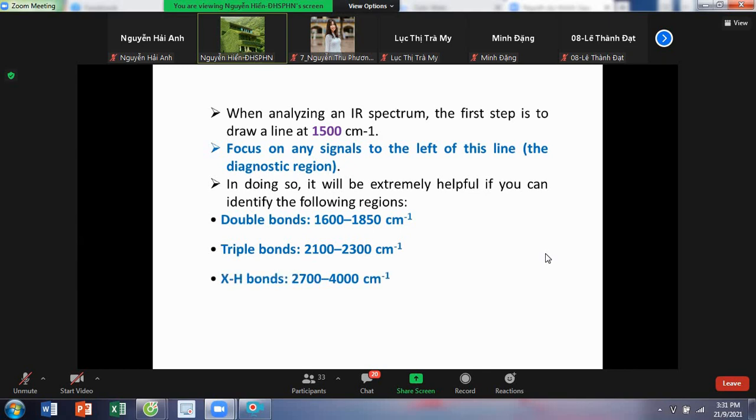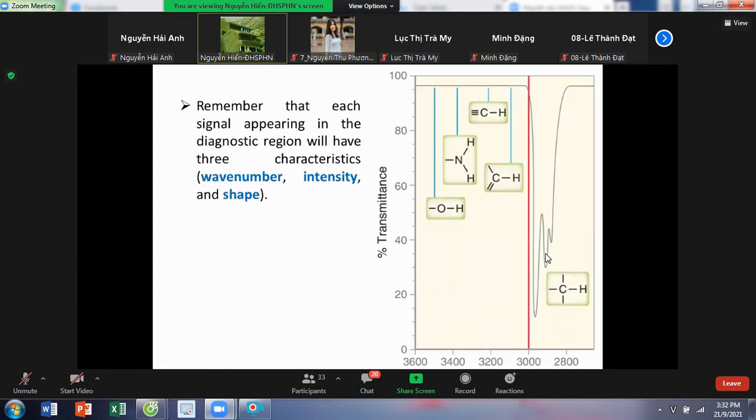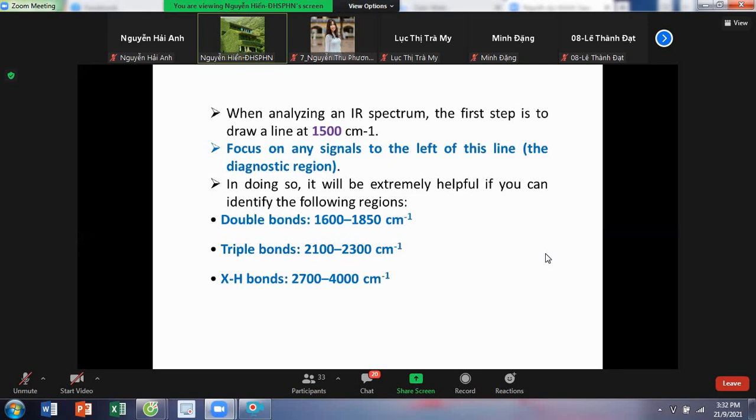Okay, the last region has more signals. In this region you have bonds that are made from hydrogen and one other atom like carbon or oxygen or nitrogen. And it covers quite a wide range.